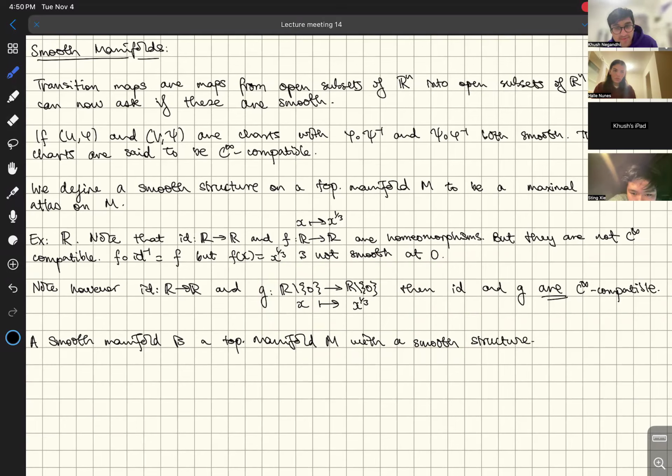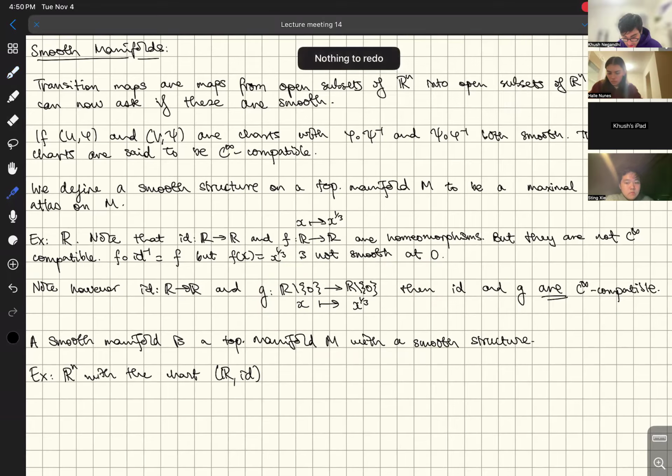It is a topological manifold with some assigned smooth structure. An example of this is R^n with the chart the identity map. As we talked about, this chart determines a smooth atlas.